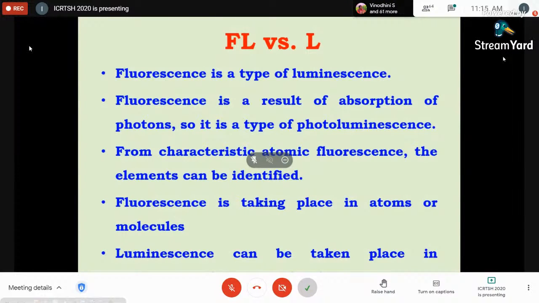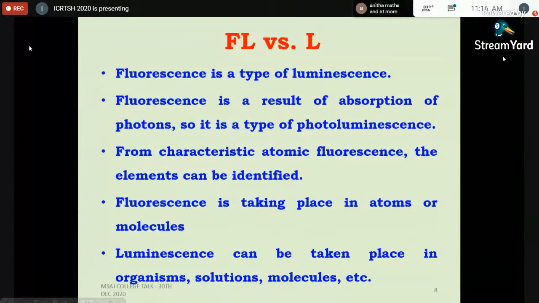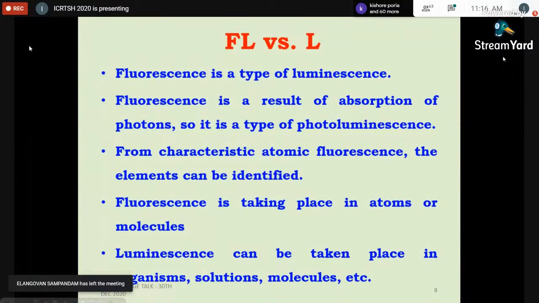Yeah, fluorescence versus luminescence. Whenever we are growing a nanomaterial directly or converting a macrocrystal to nanocrystal, we study UV, IR, Raman, and similar properties, with either single XRD or powder XRD.